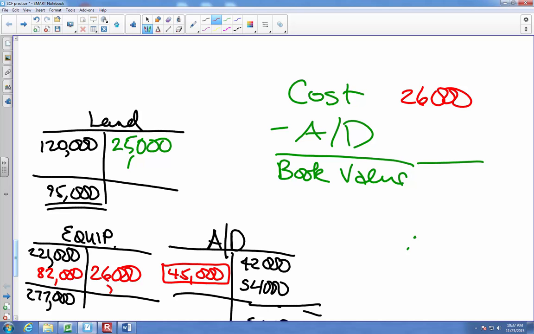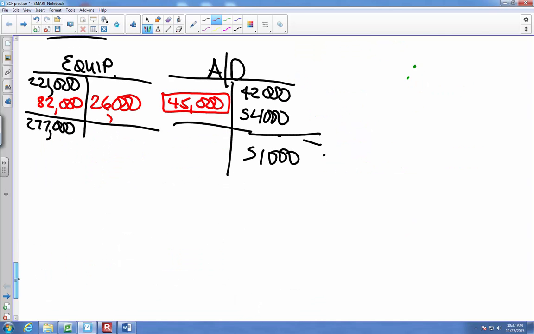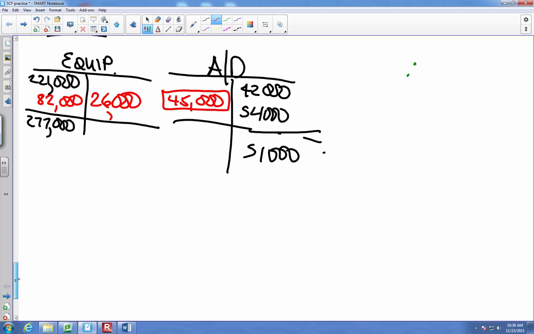Yeah, but I didn't pull off 45 of AD with a cost of 26. Is that right? That AD account, did we do that right? 42. We started with 42. We ended up with 51. So we had a $9,000 increase. 96 minus 45 is 51.